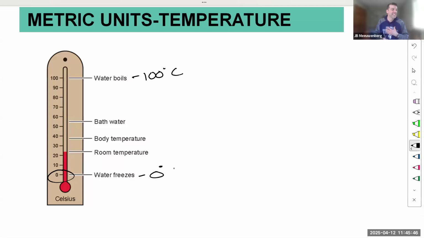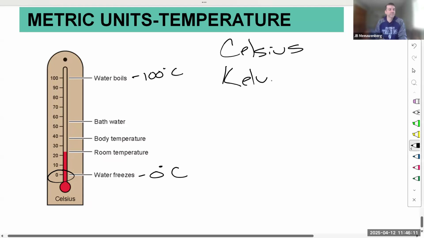And these are on the Celsius scale. It originally was called centigrade, centi meaning 100 grades, but it came to be called the Celsius scale over time. Now, there is another scale in the metric system, and it is called Kelvin.